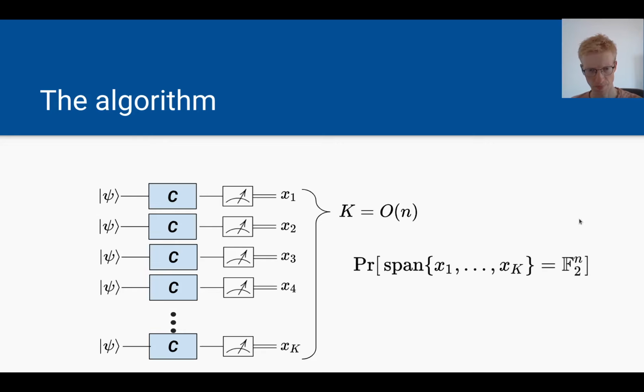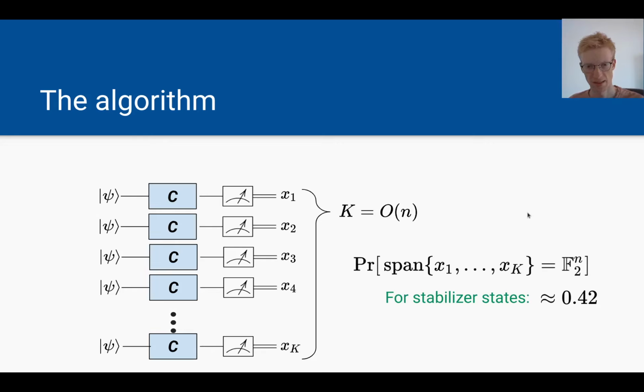If we assume that psi is a stabilizer state, we show in the paper that you can exactly calculate this probability. In particular, for stabilizer states, if n is sufficiently large, this probability converges to roughly 0.42.